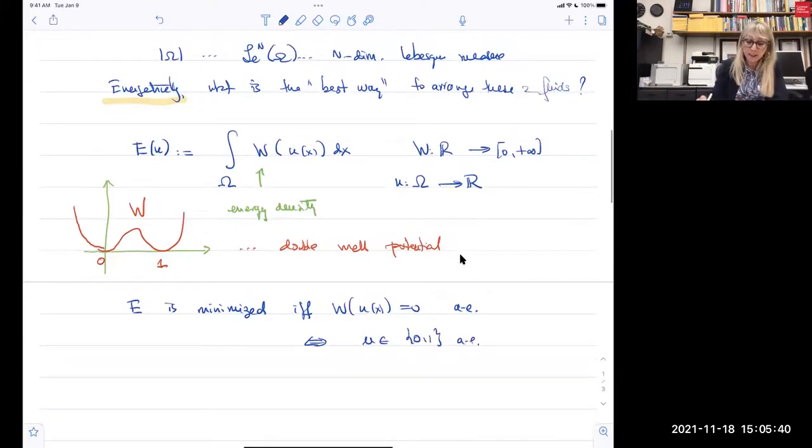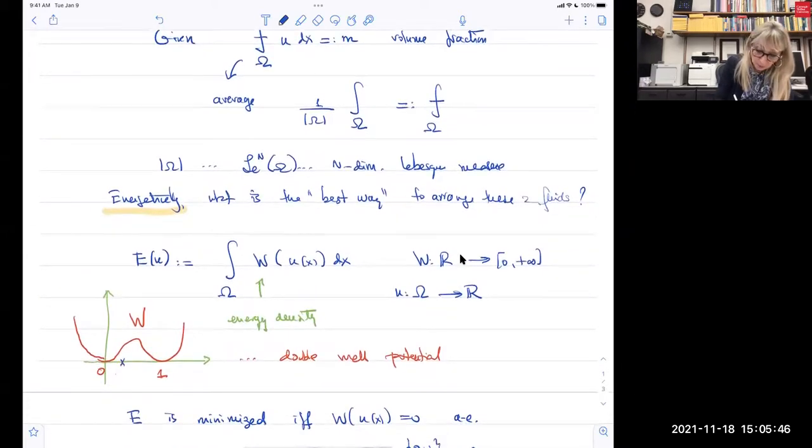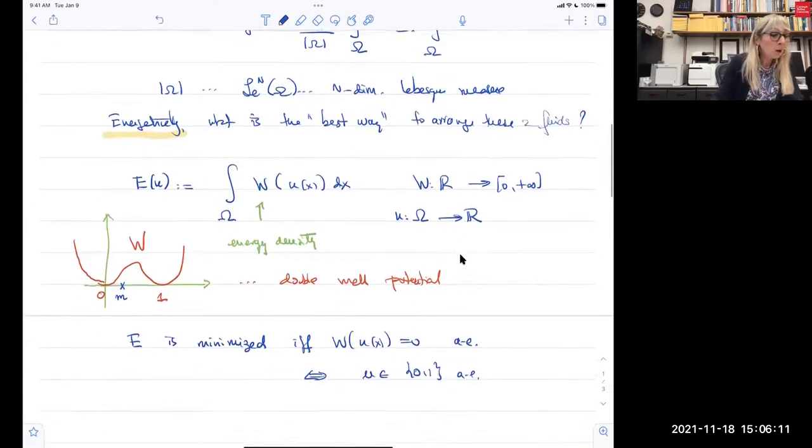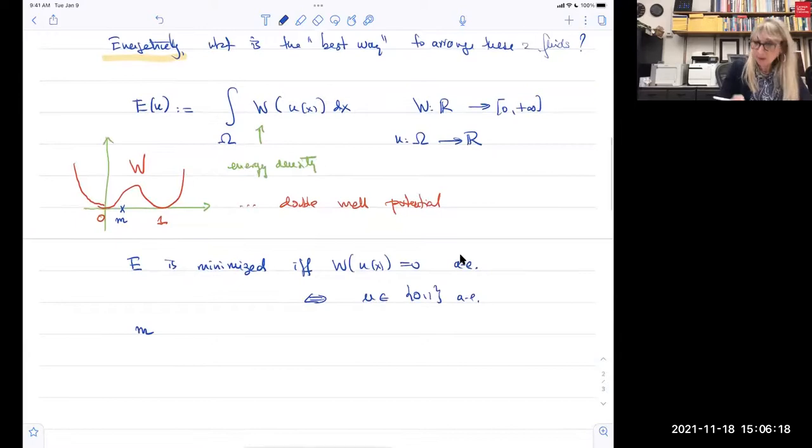And the M that I give you is going to be somewhere in between, so that I know that I cannot have just zeros or just ones, because if I want the average of my fields u to be M, I'll need to have a mixture of the two. I need to have the two phases present, right? It cannot be all zeros or all ones, because I'm fixing the volume fraction somewhere in the interior region. So again, M here, which is the mass, if you wish, is going to live between 0 and 1, so that I cannot have pure phases.